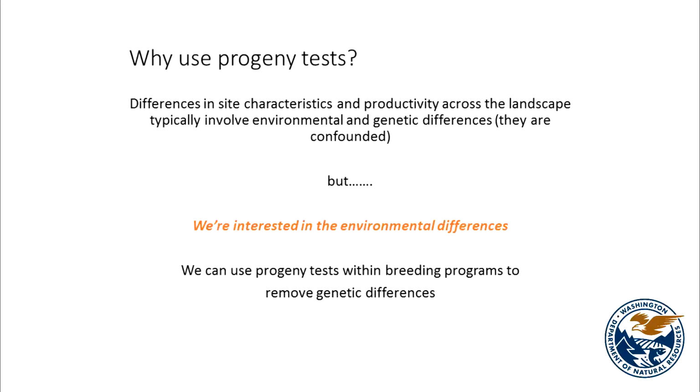But we're really only interested in figuring out what some of the environmental differences are in influencing the productivity of these sites. So we can use these progeny tests within these different breeding programs to try to remove some of these genetic differences and basically try to look at what the productivity would be across the landscape if the exact same tree was planted at all of these different spots.